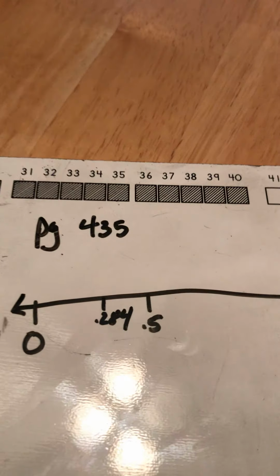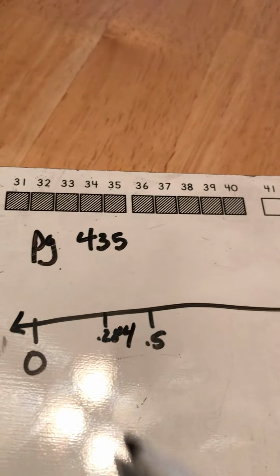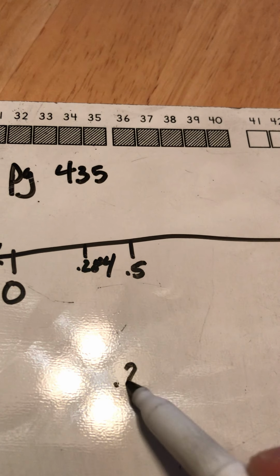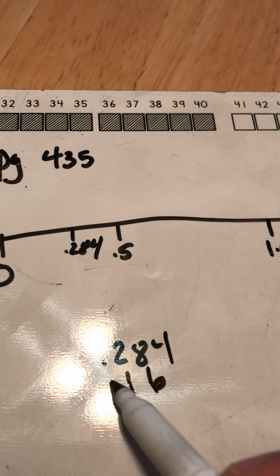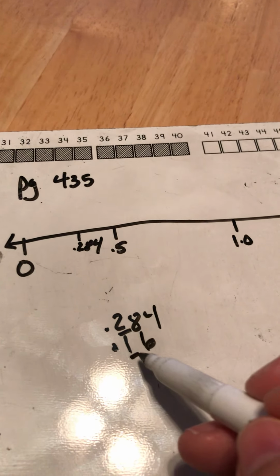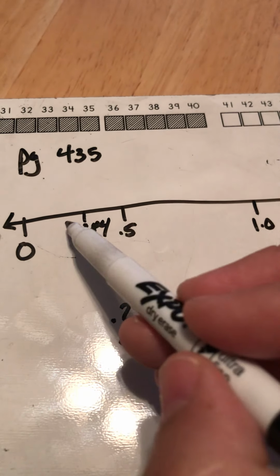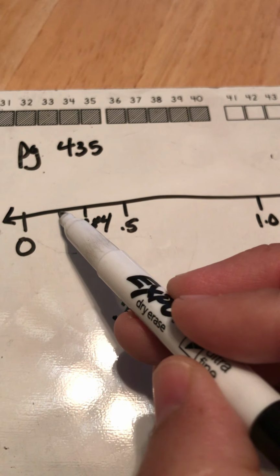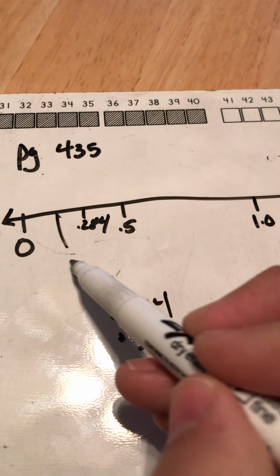And 16 hundredths. It's going to be less than this one, because if we looked here and compared 284 thousandths and 16 hundredths, we would see that this is 2 and this is 1, so of course this is less. So we'll try to stick it right here.